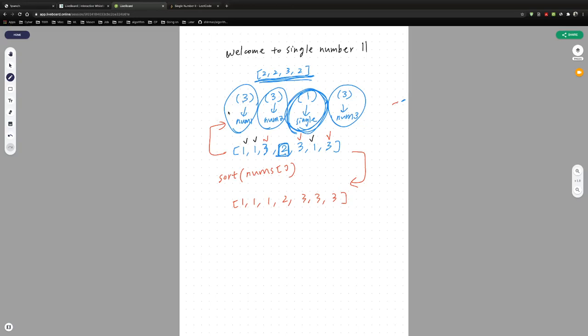So then how can we find out the single number? We can observe that if these three numbers are in the same group, the first number will equal the third number, which is the last number of the group.